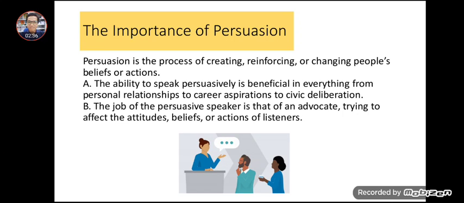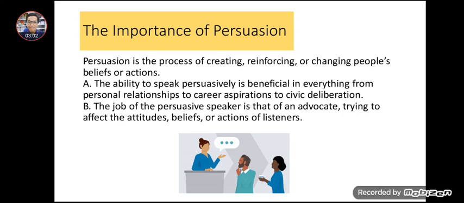The ability to speak persuasively is beneficial in everything from personal relationships to career aspirations to civic deliberation. Personal relationships means you could maybe influence or persuade others, among them your family members, your friends, your colleagues, and so on.